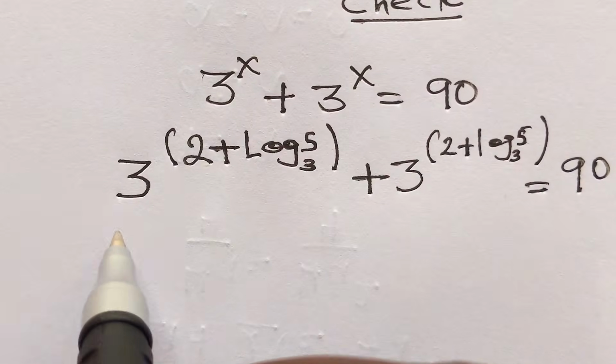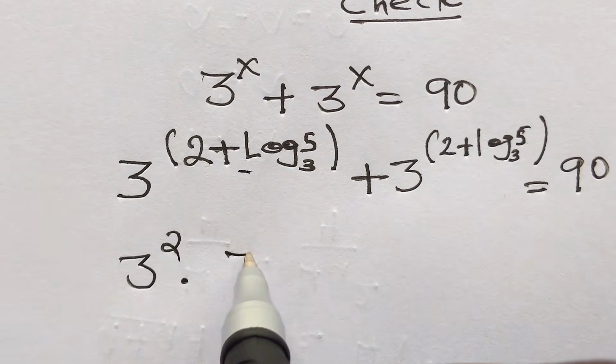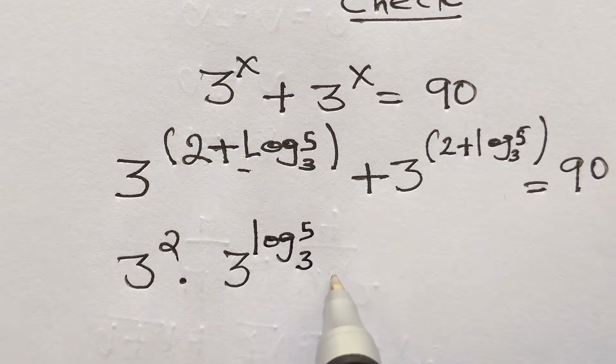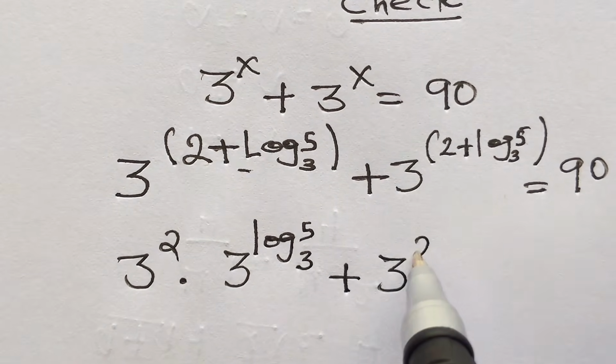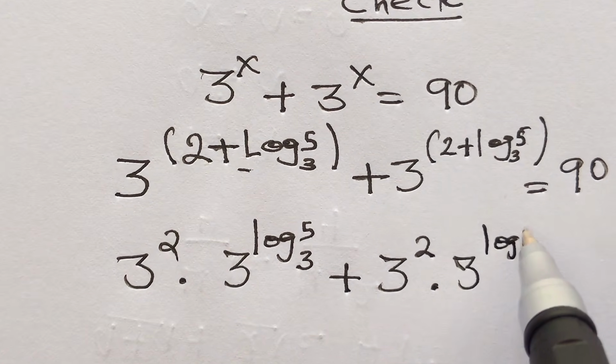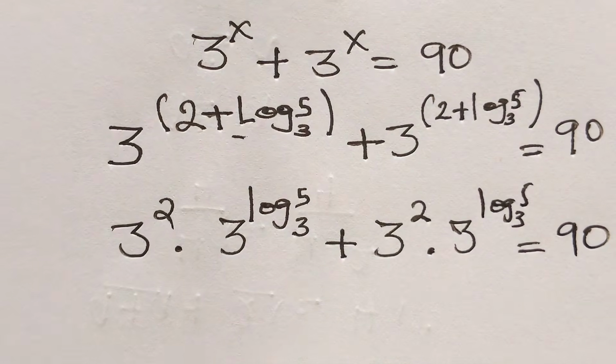Then we have 3 squared times 3 power logarithm of 5 to the base 3 plus 3 squared times 3 power logarithm of 5 to the base 3 equals 90.